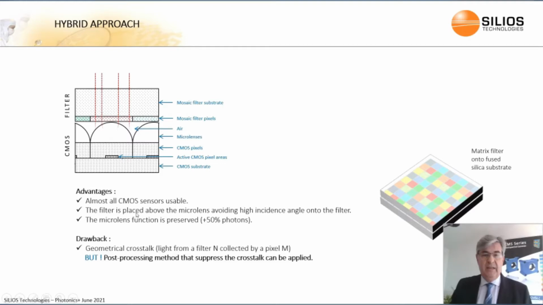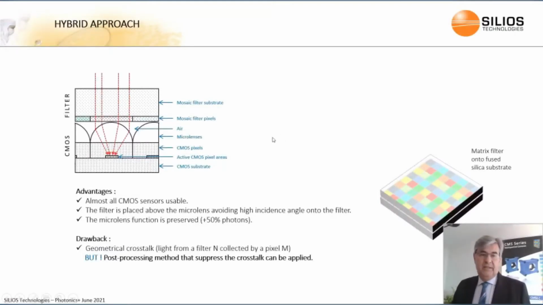And secondly, this gives us a very large flexibility to work on any sensor from any manufacturer. So the idea behind that is that we can provide you your own multispectral sensor based on the detector of your choice, based on the filter organization of your choice.